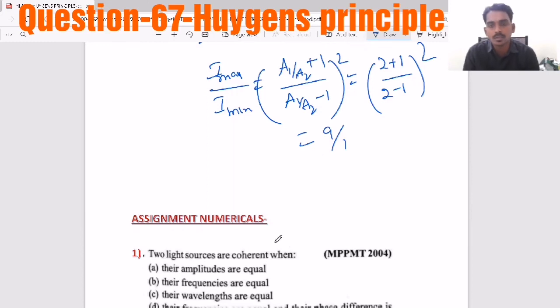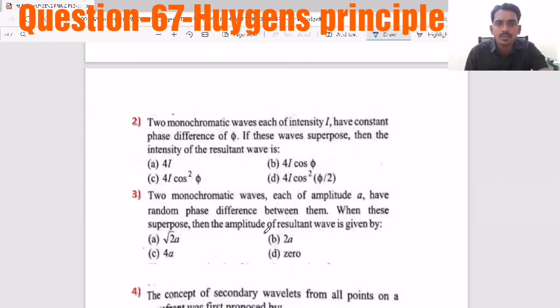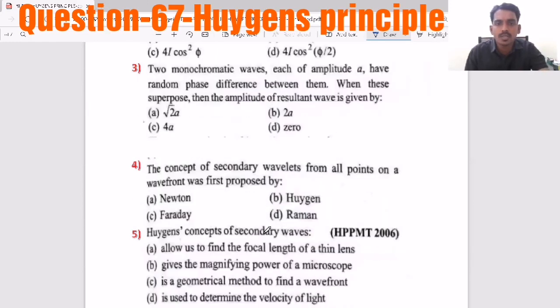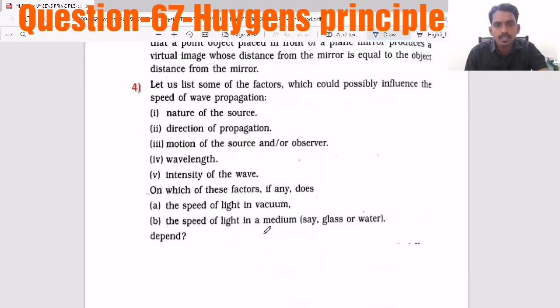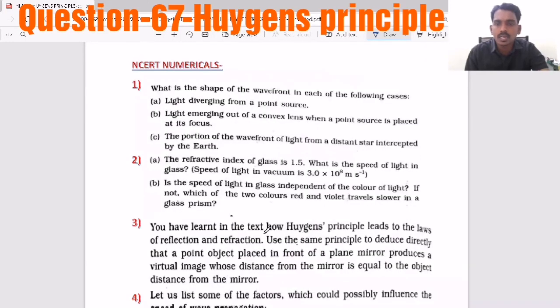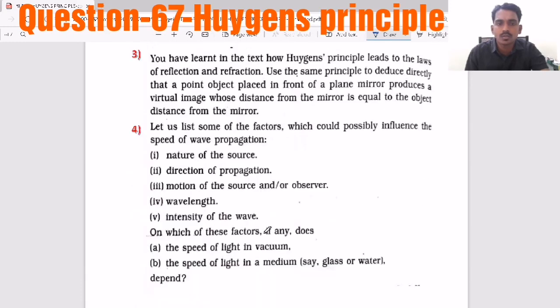Then you can solve the questions. Many times they ask questions based on this. Similar examples I have given as an assignment, so please try to do it and then you will get the idea. Even in the NCERT, some theoretical questions are given, so please try to solve them.